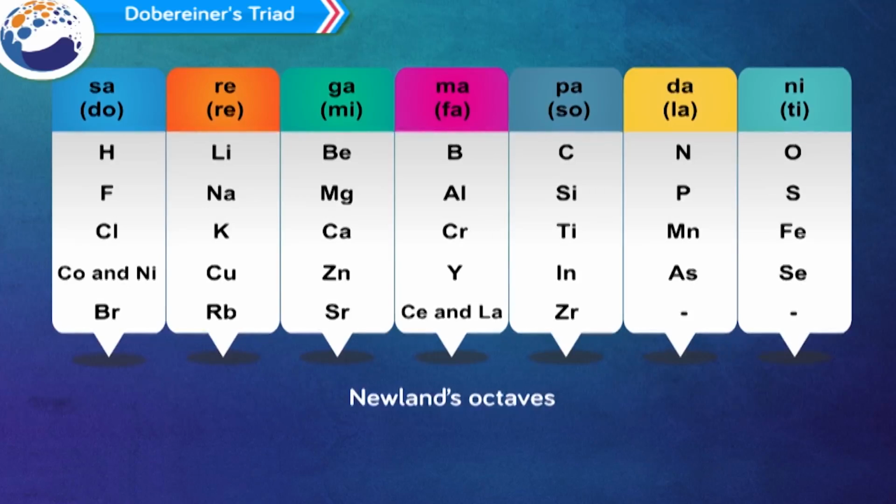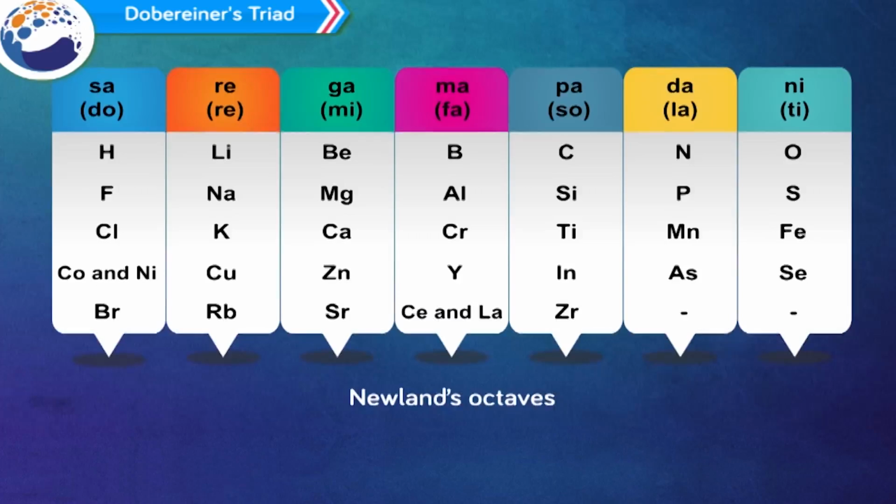Similarly, Western music has 8 notes, viz. Do, Re, Mi, Fa, Sol, La, Ti, Do. These notes are considered the octave of Western notes. So Newlands named this law of the 8th element possessing properties similar to the first element the law of octaves.